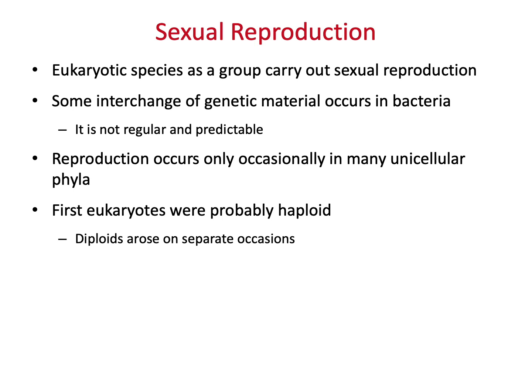But in eukaryotes, reproduction allows genetic material to be exchanged. Reproduction occurs only occasionally in many unicellular phyla. The first eukaryotes were probably haploid, with diploid arising on separate occasions. But sexual reproduction is another characteristic of eukaryotes.